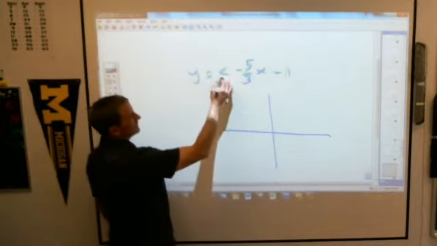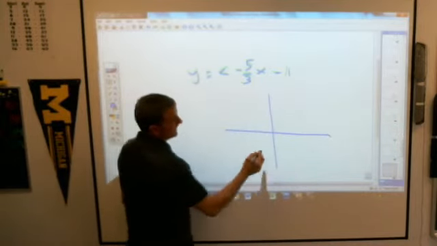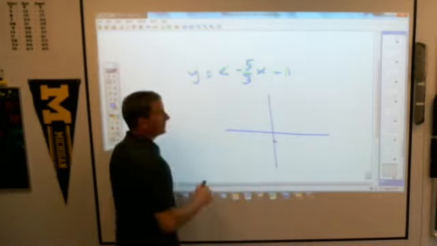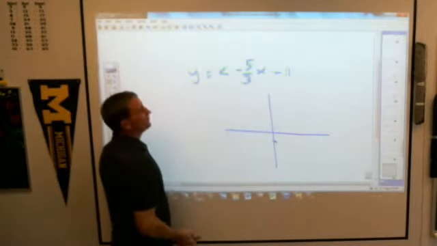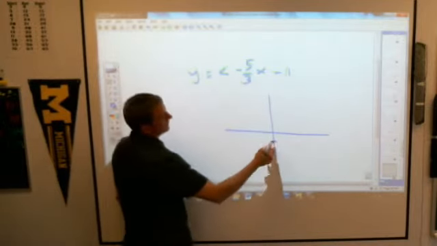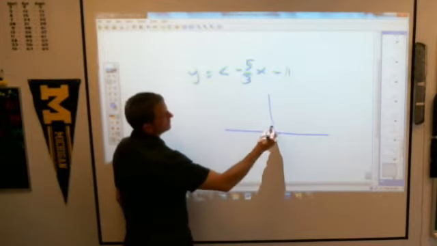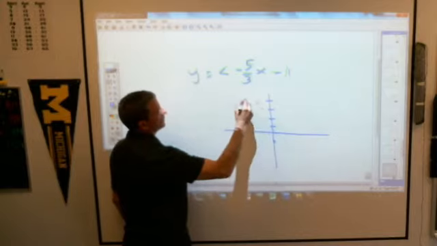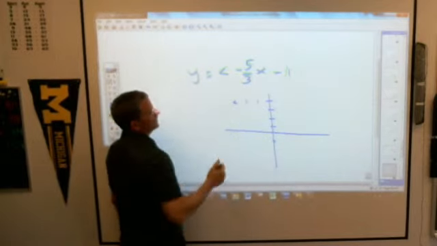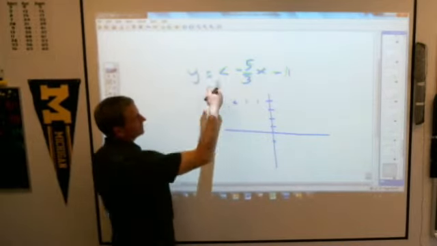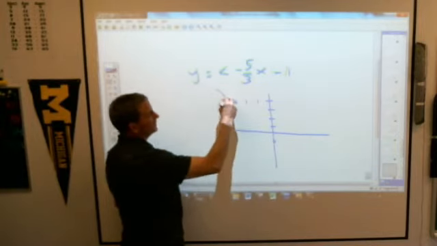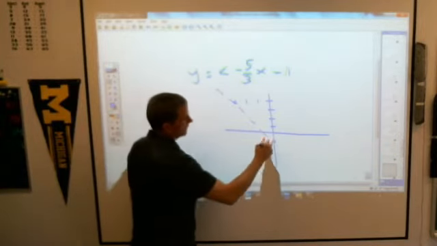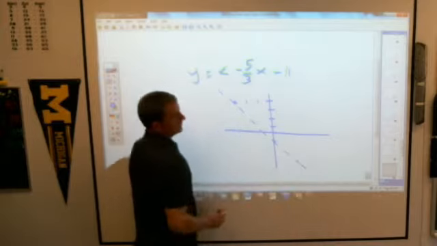Again, noting that this doesn't have an equal sign, so it's going to be dashed. Here at -1 is your starting point. Goes up 5/3. Make sure you do negative. Up 1, up 2, up 3, up 4, up 5, over 1, over 2, over 3. It's negative, but it also is not equal, so you have to do a dashed line.